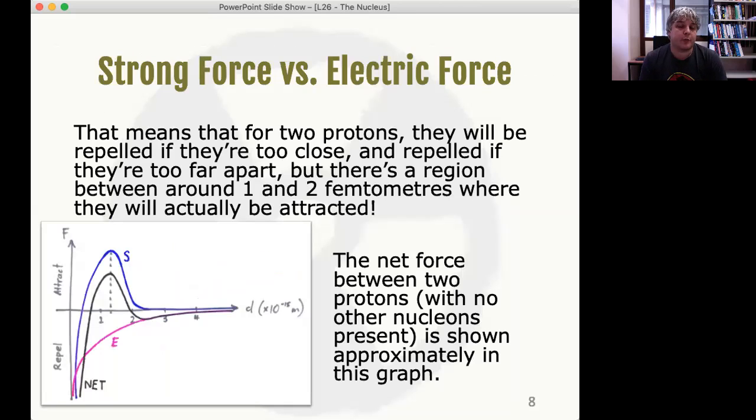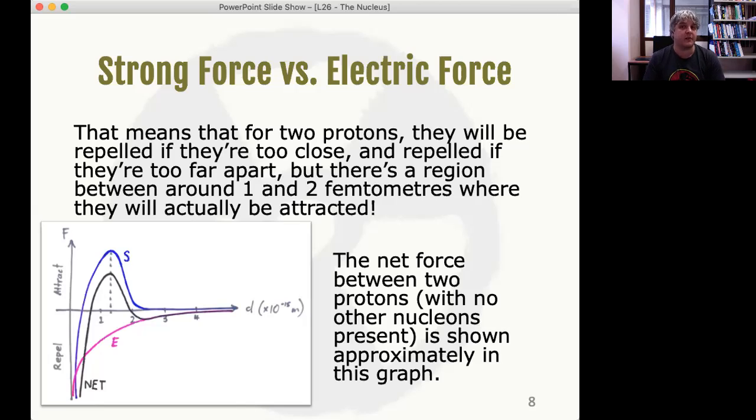It means if you have two protons, they will be repelled if they're too close, because if they get less than half a femtometer-ish, then both the strong force and the electric force are repelling. The electric force gets very strongly repelling as you get closer, as does the strong force. So if you get too close, protons are very strongly repelled. But there's this region where the strong force actually outweighs the electric force, and the protons will be attracted to each other.